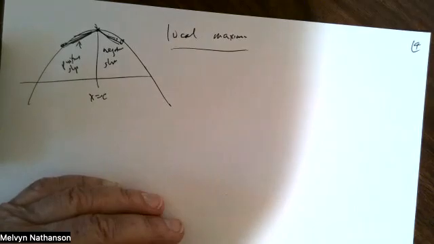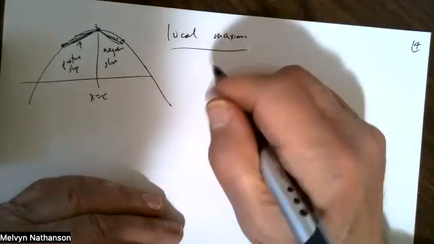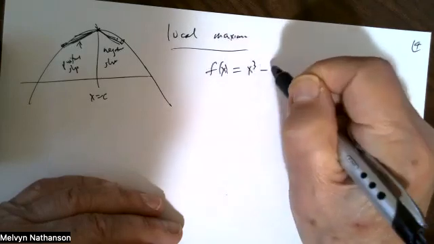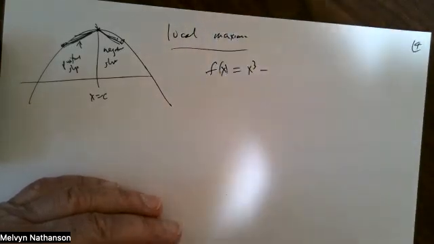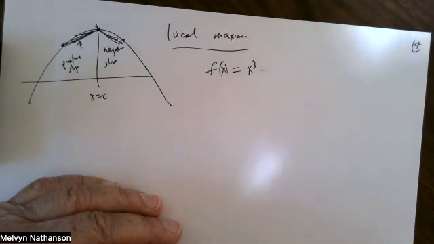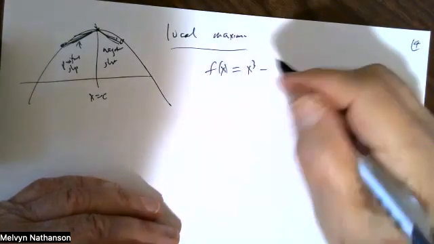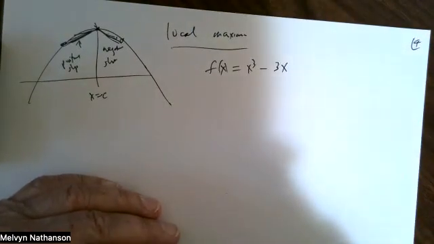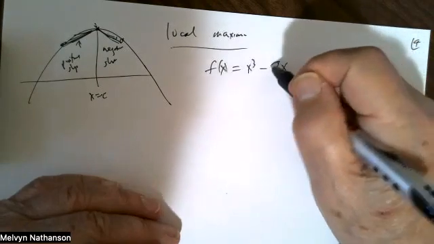Now, let's take a couple of simple examples. Suppose I take the curve f(x) = x cubed minus 3x. Or like x cubed minus 9x.